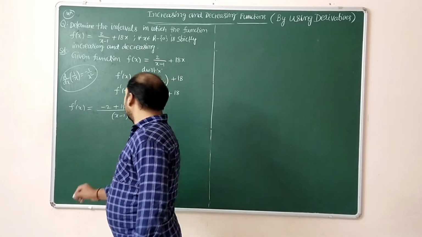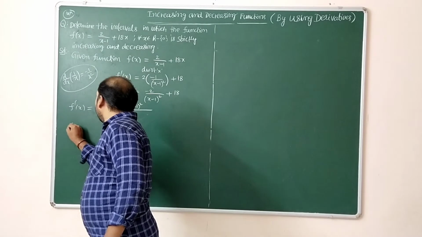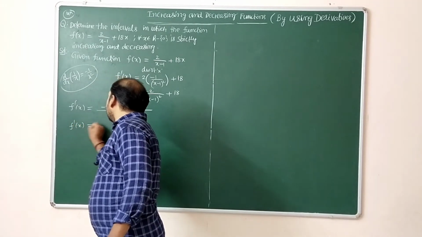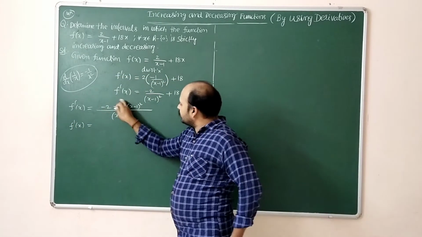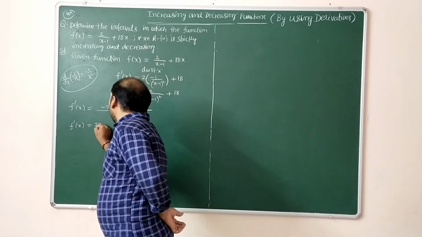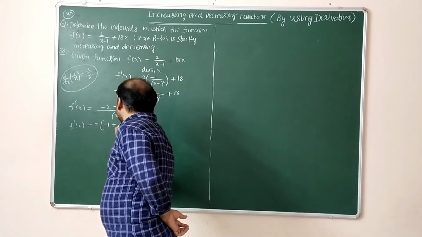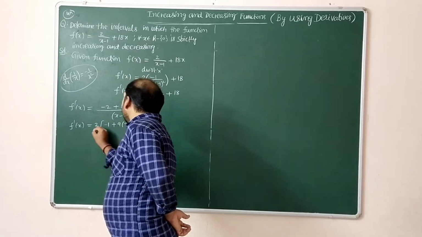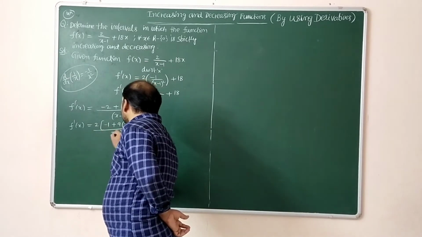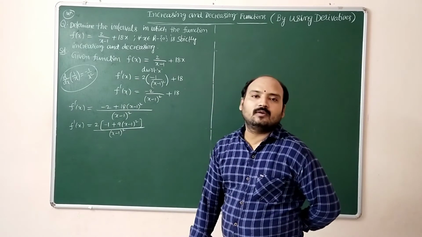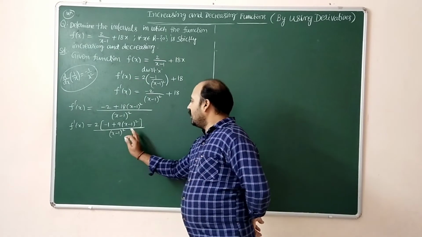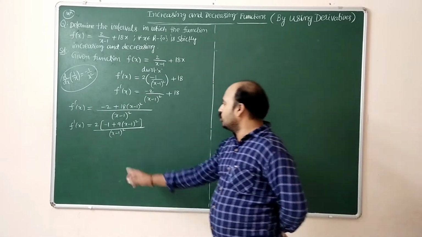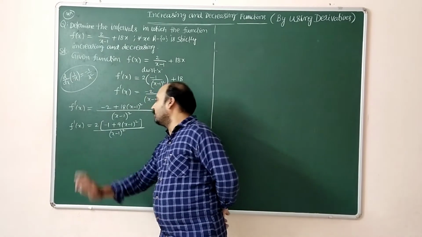After that, f dash of x is equal to, here take minus 2, only 2 take common: minus 1 plus 9 into x minus 1 whole square, by x minus 1 whole square. This is the value of f dash of x. So 2 by x minus 1 whole square you can take here.